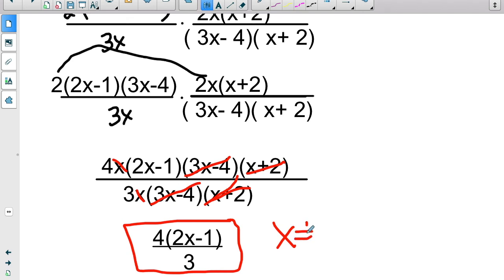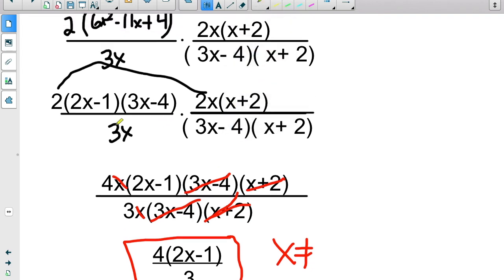Now we do need to look at our restrictions. And when we look for our restrictions, go back to the highlighter, we're looking at this spot here and these spots here, and seeing also if they still show up in our final answer.